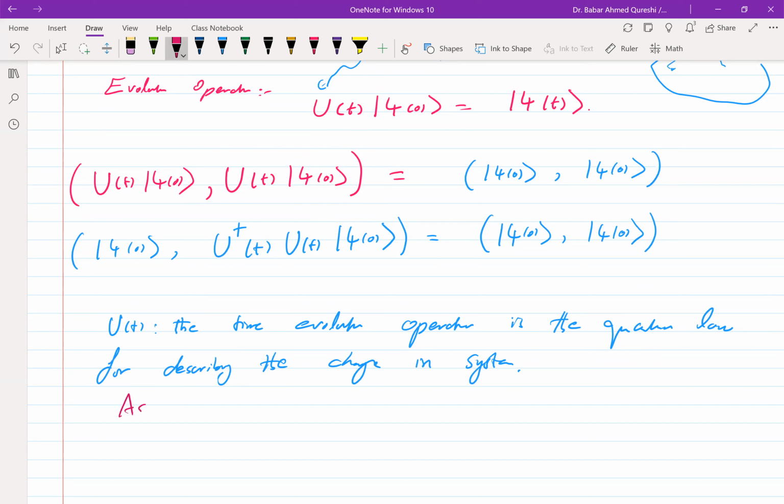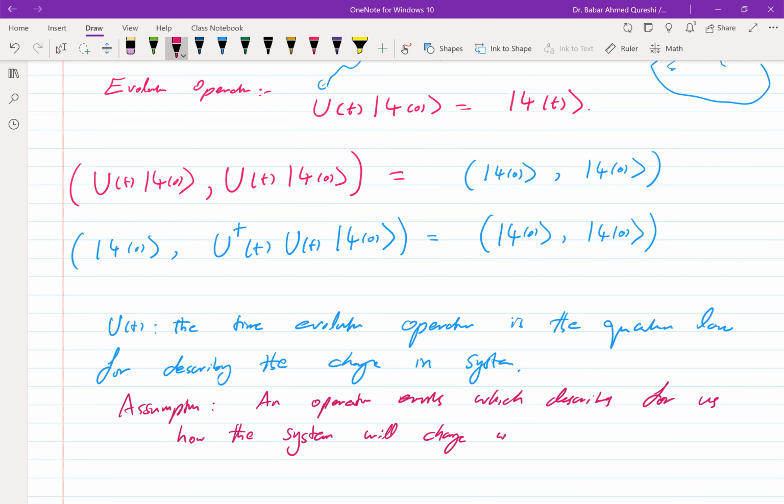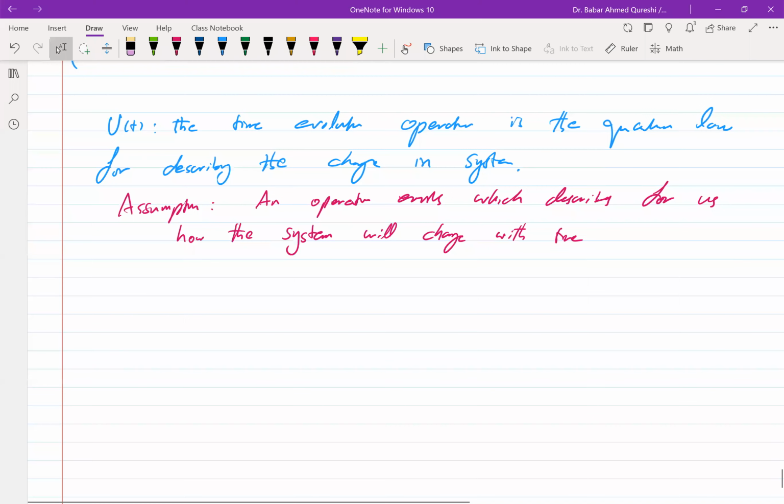So what is our assumption? Assumption is an operator exists which describes for us how the system will change with time, starting from any particular, from any state.